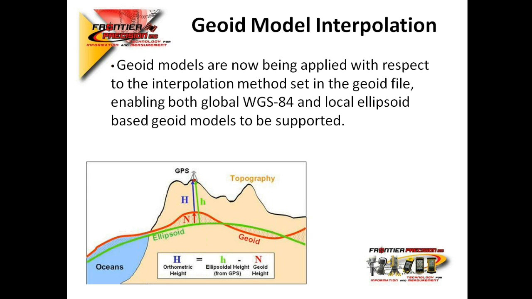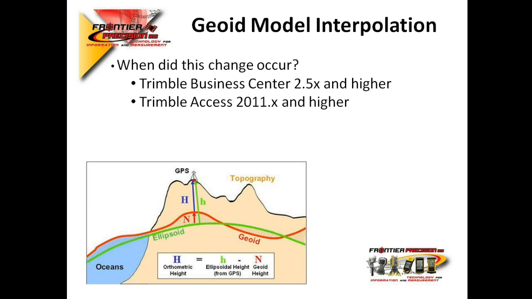Traditionally, the NGS models that are produced are interpolated to the local ellipsoid, which is correct, and that's supported by the Trimble software. But there are certain instances where we need to interpolate those geoid models to the WGS84 ellipsoid, which you will see in just a moment.